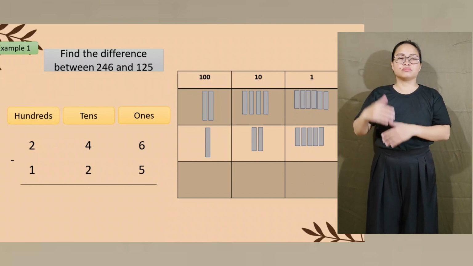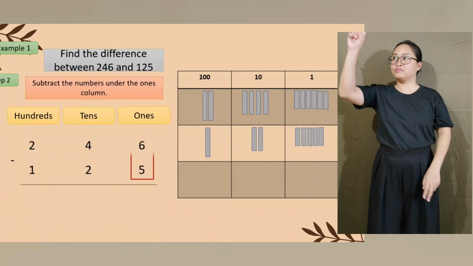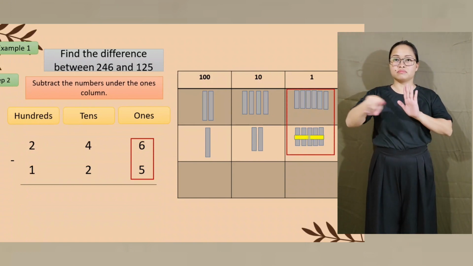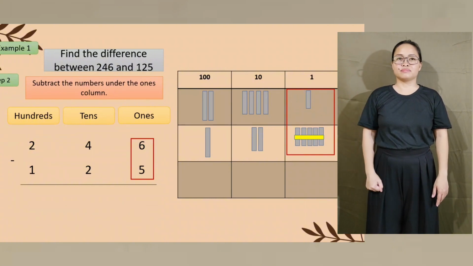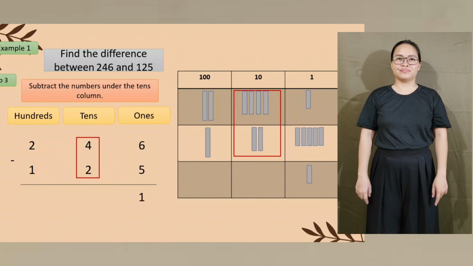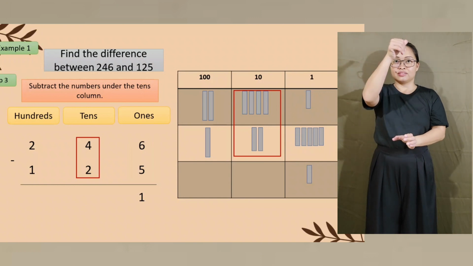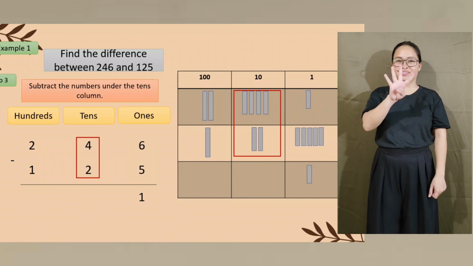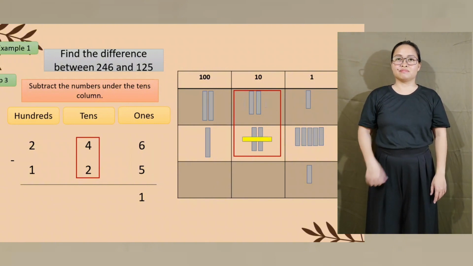Step 2. Subtract the numbers under the ones place. So 6 minus 5, the answer is 1. Next, subtract the numbers under the tens place. So 4 minus 2, let's take away 2 from 4.